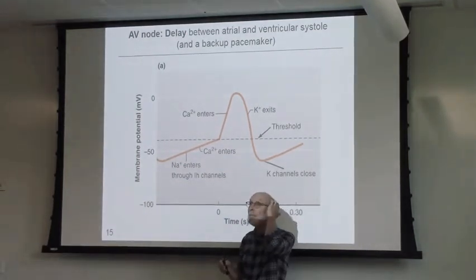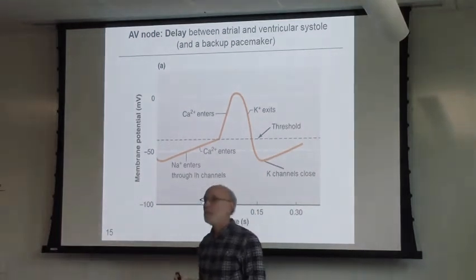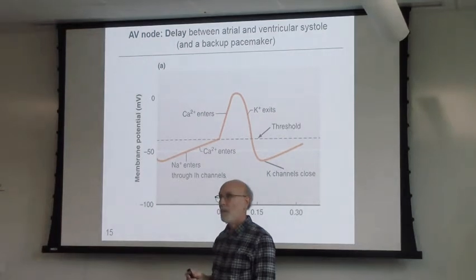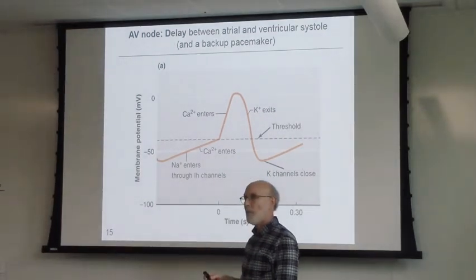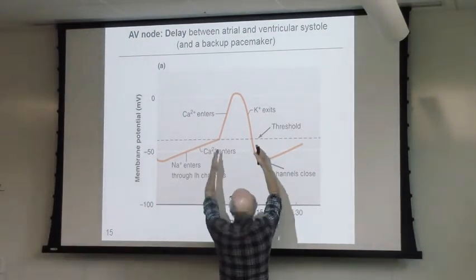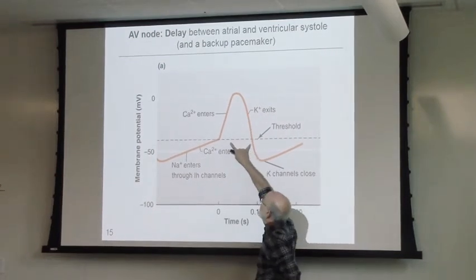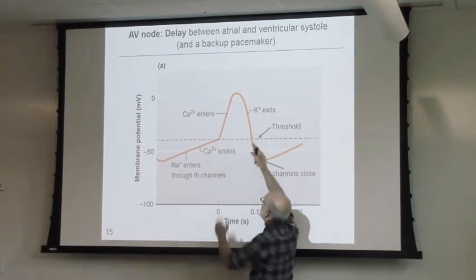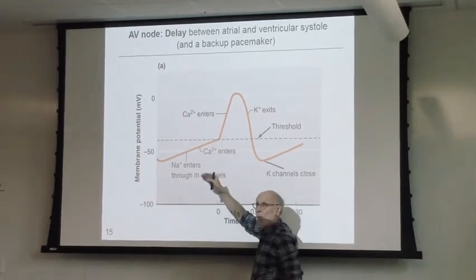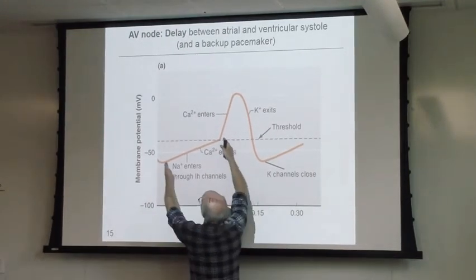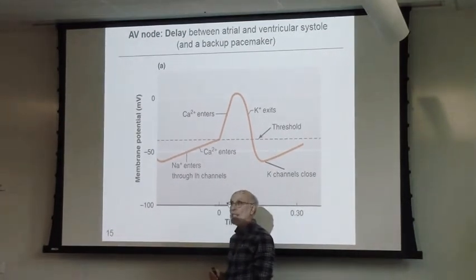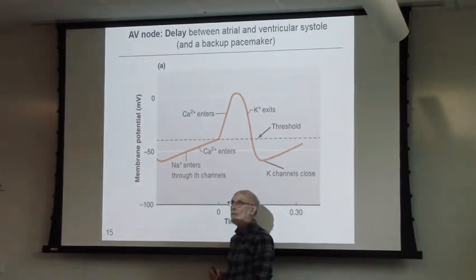Kendra? Is the SA node's action potential faster than the AV node's, or are they about the same? This part here is about the same. This part here is much faster in the SA node than in the AV node.